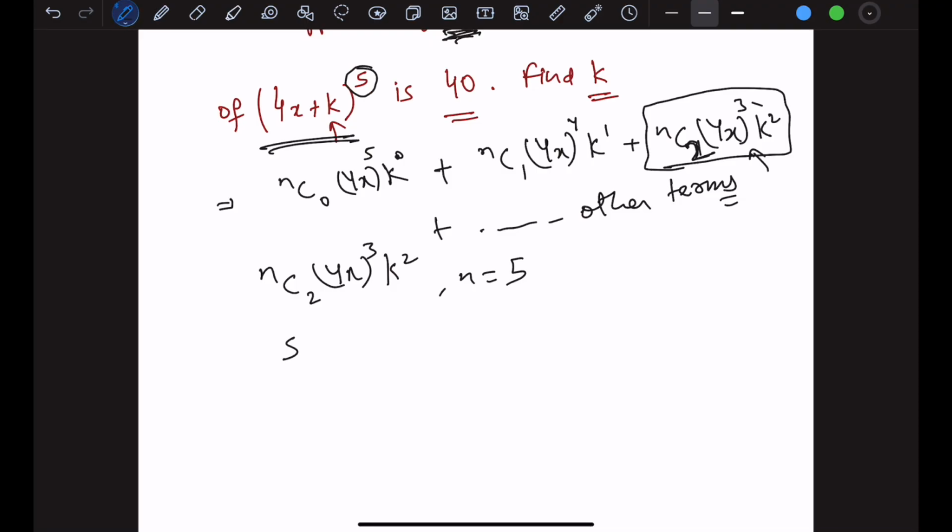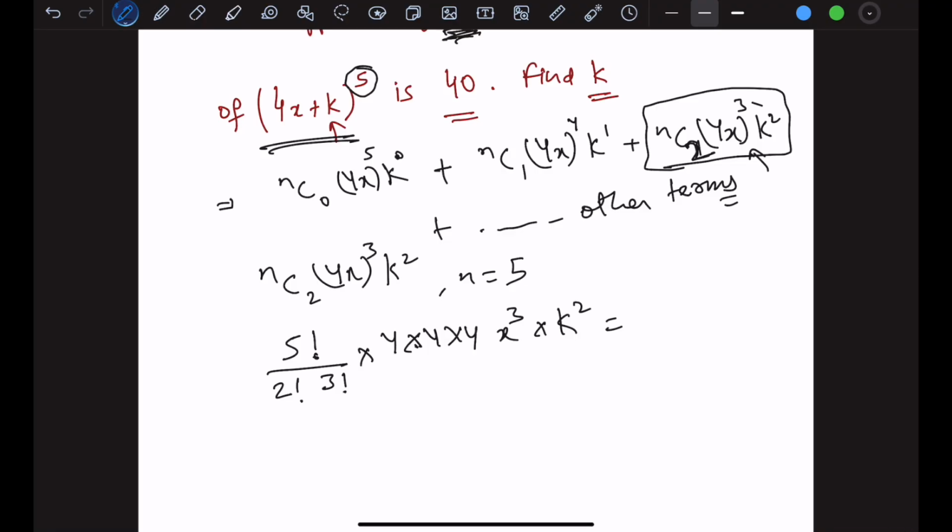So we have 5C2, that means 5 factorial divided by 2 factorial into (5 minus 2) factorial, which is 3 factorial, into (4x) cubed, which is 4 into 4 into 4 x cubed, into k square.